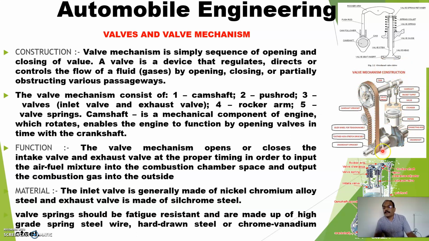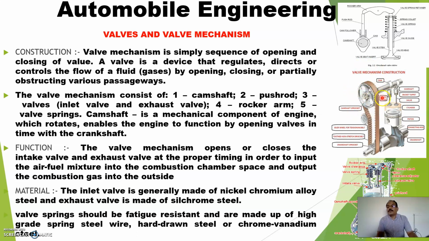There is a crank. Through this crank only this camshaft is rotated with the help of a belt. This belt is the timing belt, because at the proper time your inlet valve must be open, and at the proper time your exhaust valve must be open. Now what is the proper time of the inlet valve and exhaust valve opening?